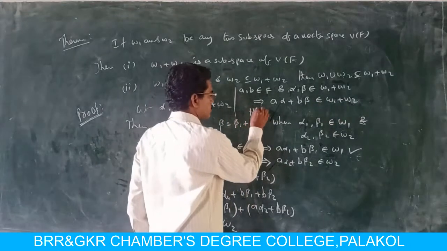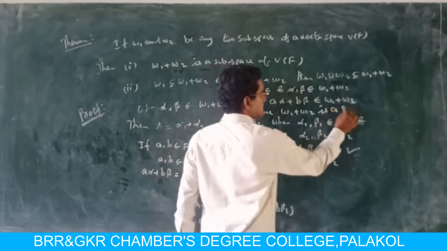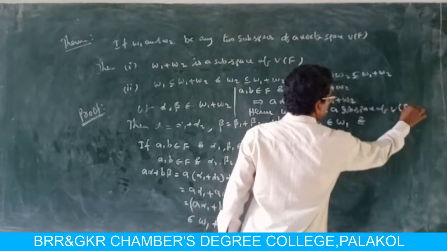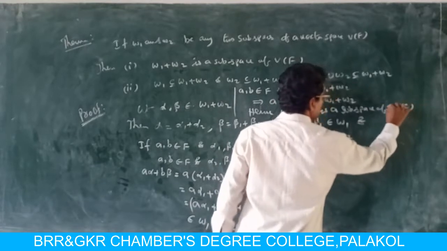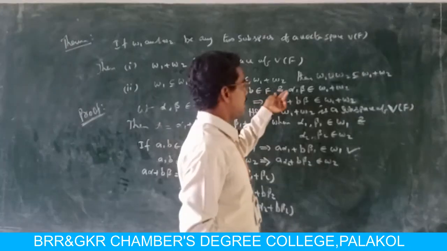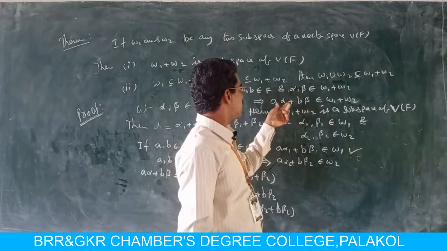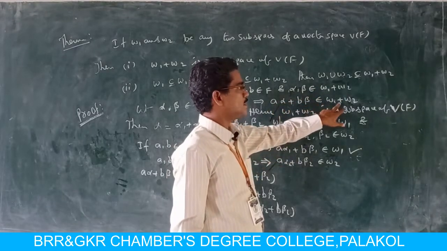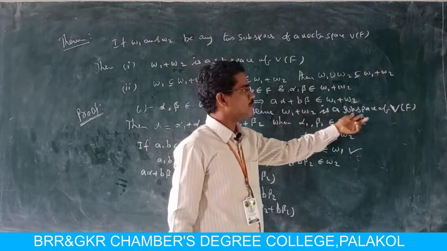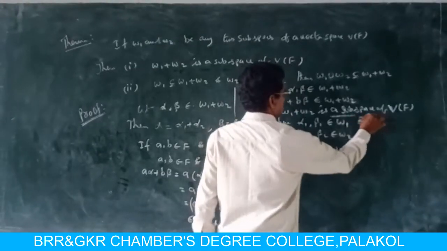Hence W1 plus W2 is a subspace of V of F. Then a, b belongs to F and alpha, beta belongs to W1 plus W2. Then a alpha plus b beta belongs to W1 plus W2. So by the definition, W1 plus W2 is a subspace of V of F. Then the theorem is proved.